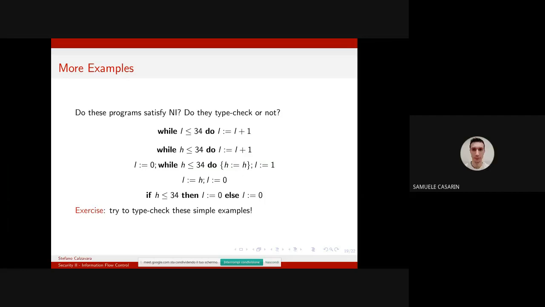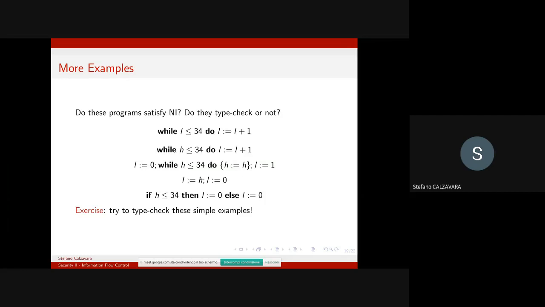I think yes, because in the end we assign 0 to L, so we can't get any information about the H. Exactly. So this is a program which is secure. So this satisfies non-interference. But you will see that this program is not accepted by our type system. So you're not able to type check it.